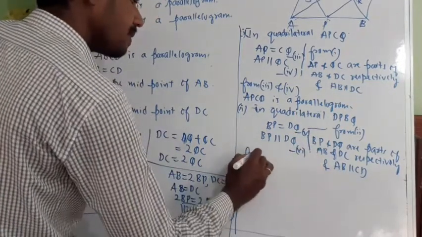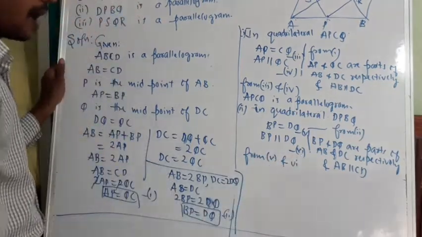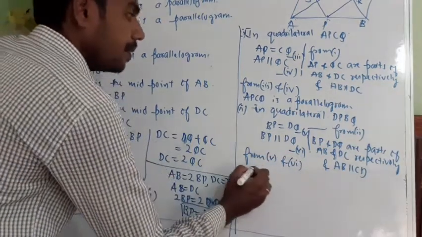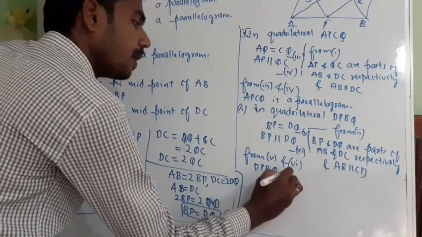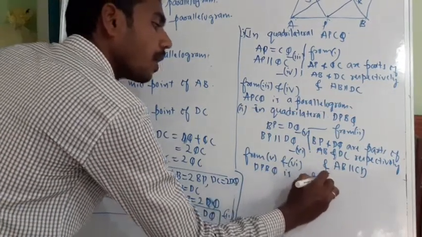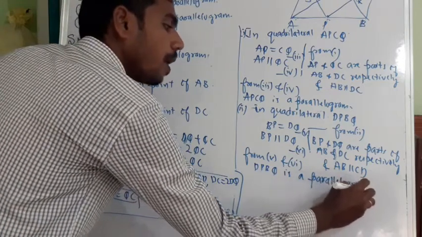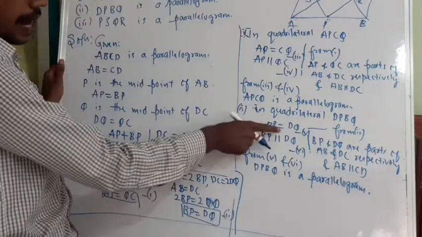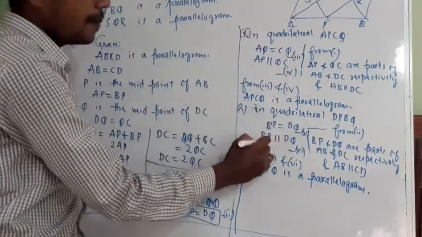So from 5 and 6, what can I write? I can say DPBQ is a parallelogram, because one pair of sides of a quadrilateral are equal and parallel.